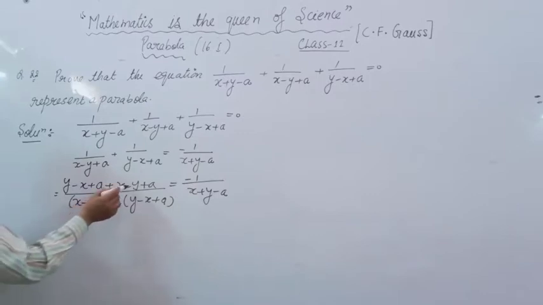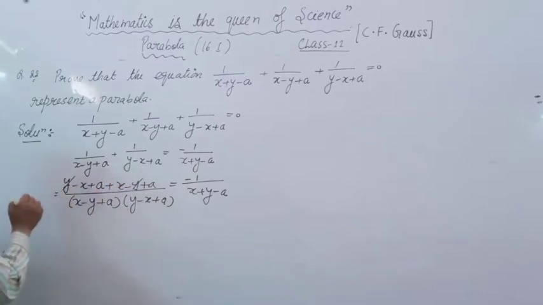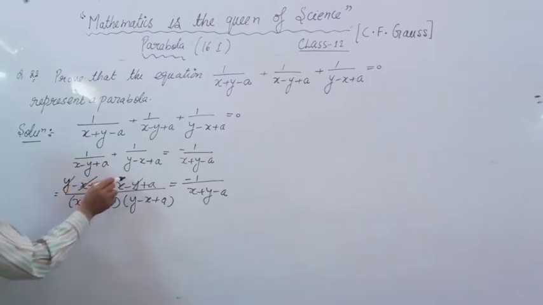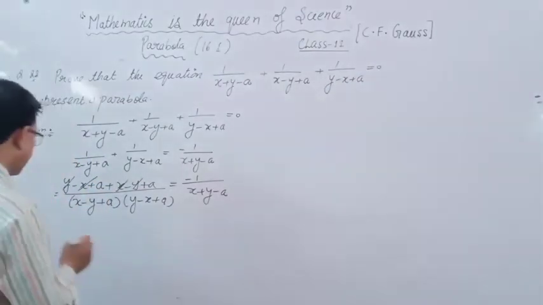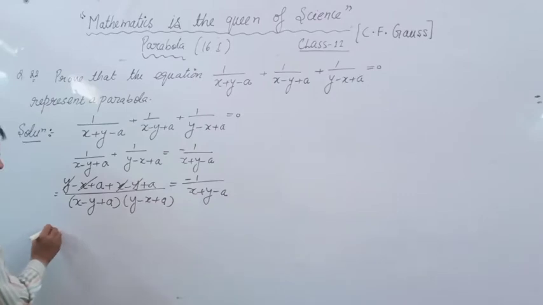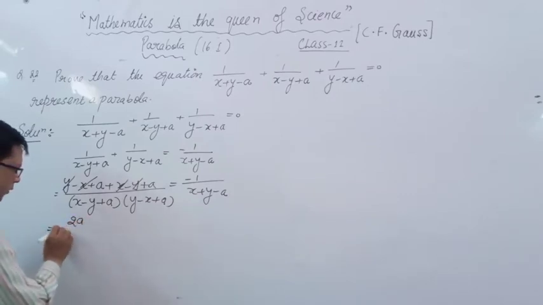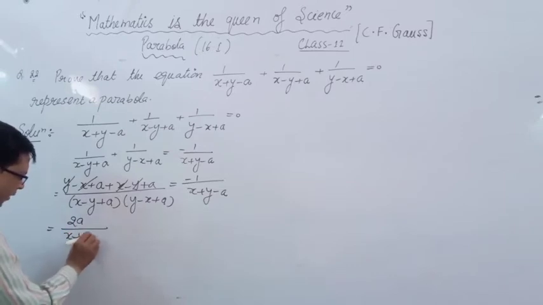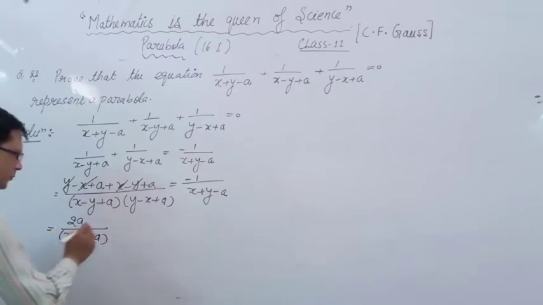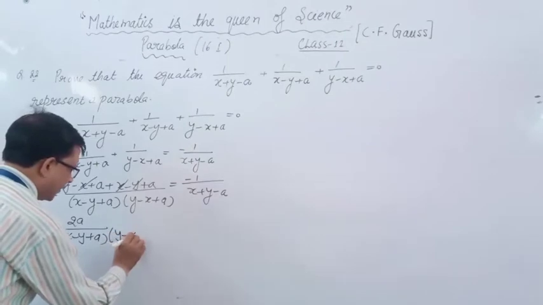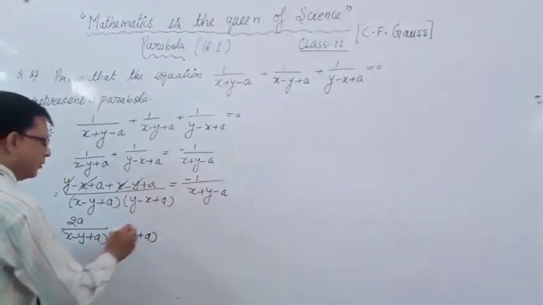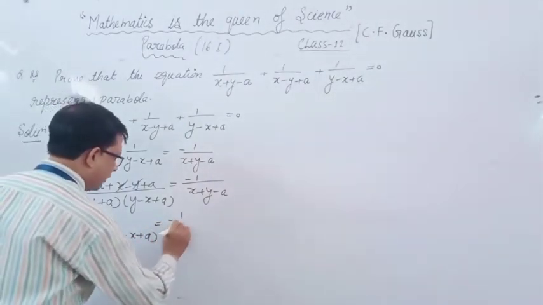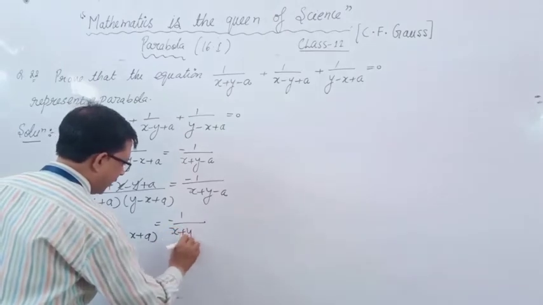Here we see that the y cancels out, x also cancels out. Now we write the remaining term: 2a upon x minus y plus a and y minus x plus a is equal to minus 1 upon x plus y minus a.